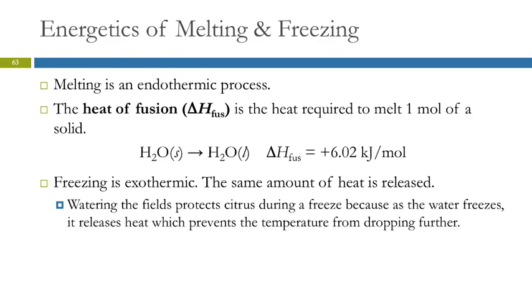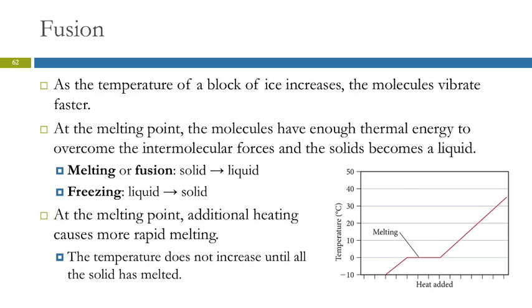What happens is the water on the ground, as it freezes, it releases energy. Because as it freezes, it's going to stay at 0 degrees Celsius or 32 degrees Fahrenheit until it's all frozen. And so as long as you still have some liquid water left to freeze, it's going to release energy and it will not let the air temperature near it go below 32 Fahrenheit.